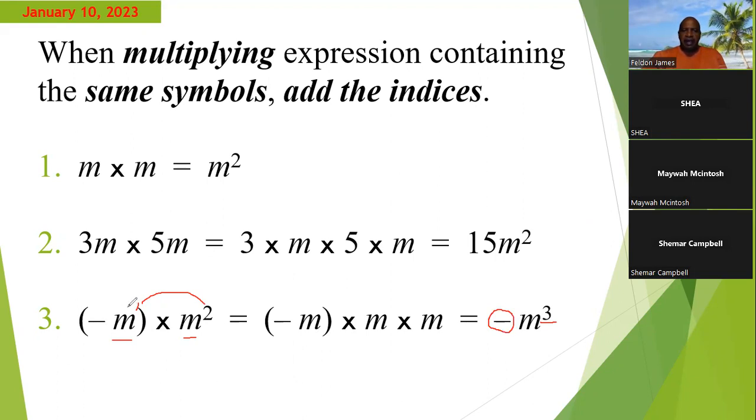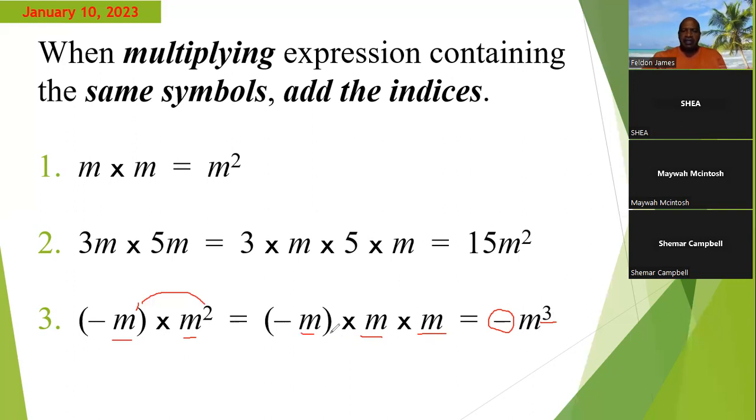So you can just simply add the powers when you are working with the same base. All right? If you want to expand it like this, then you would notice that we would have m times m times m. In this case, the m occurs 3 times, so the power is going to be 3.